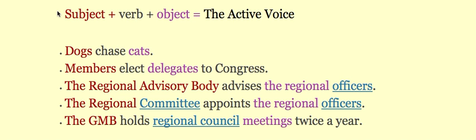In most English sentences, we have the word order subject plus verb plus object. And we call this the active voice. So in these 5 sentences, we have subject: dogs, members, the regional advisory body, the regional committee, and the GMB, plus the verb: chase, elect, advises, appoints, holds, plus the object: cats, delegates, the regional officers again, and regional council meetings.